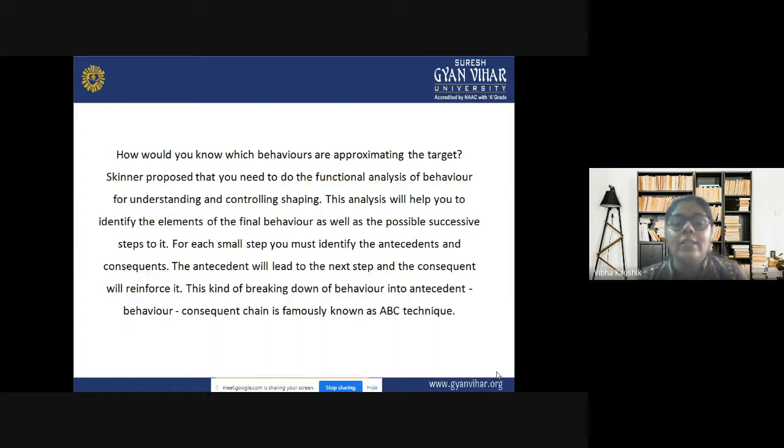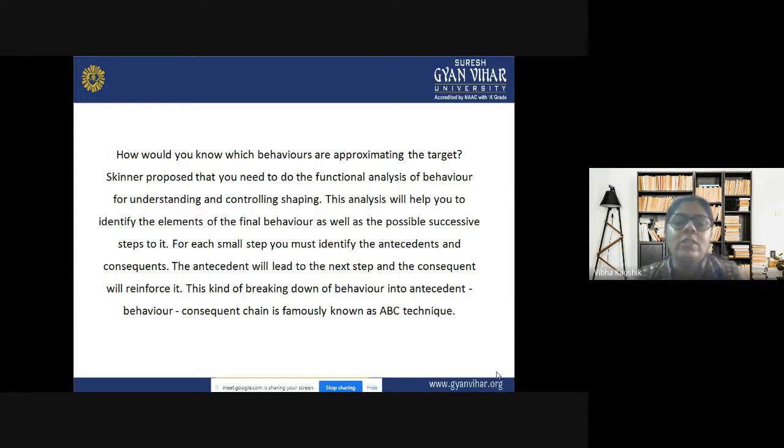This analysis will help you to identify the elements of the final behavior as well as the possible successive steps to it.